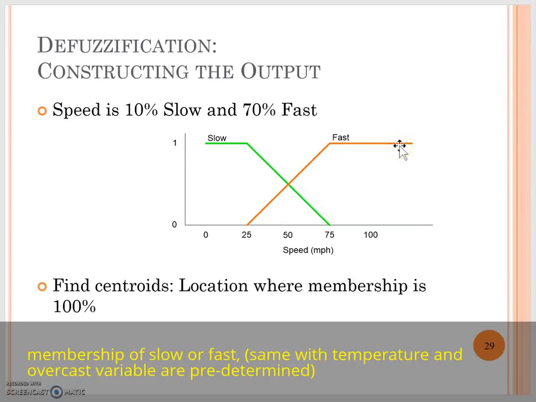And so how do we do this? From the values that we get in rule evaluation, we need to find a centroid where the membership is 100%, 100% belonging to slow membership or fast membership.